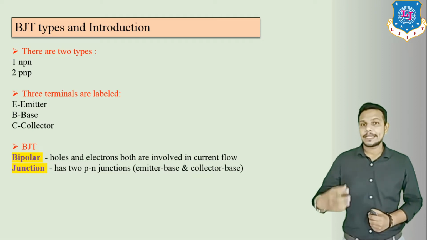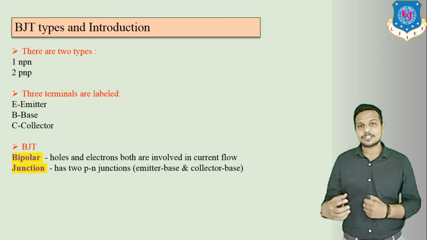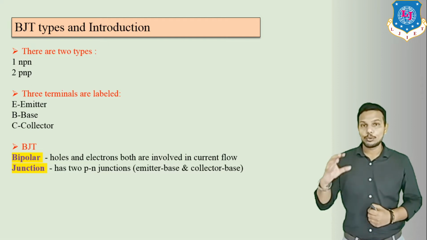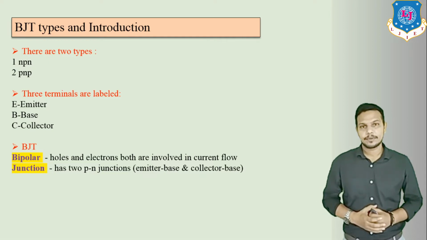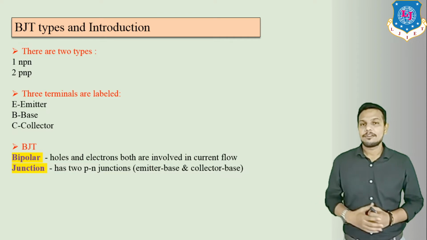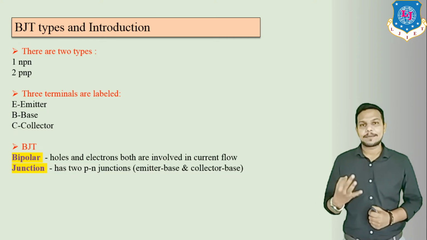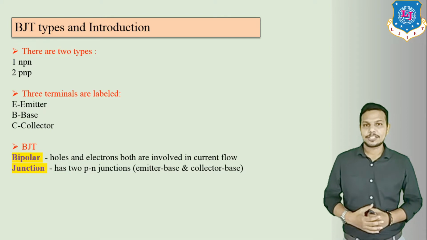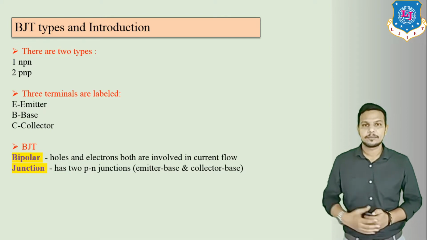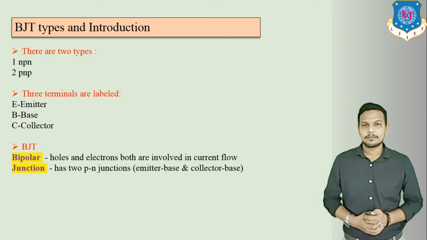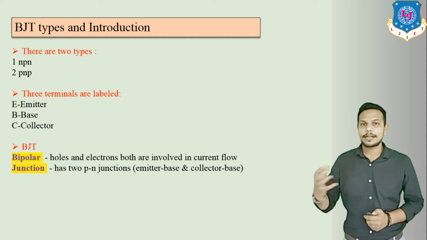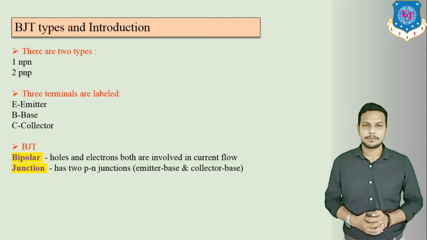Basically we use a chemical process to combine these three materials together. Due to this process, two different junctions are created, and we have to connect three terminals, called emitter, collector and base. The base is the center terminal, and the collector and emitter are the end terminals.